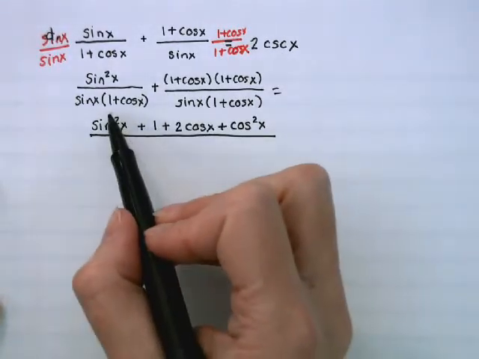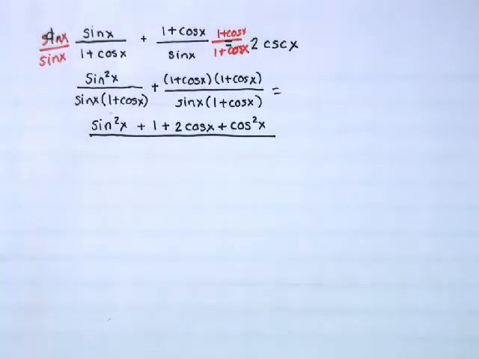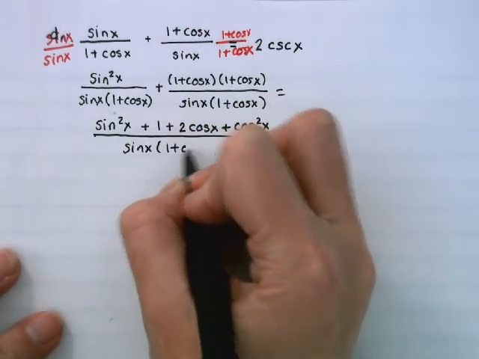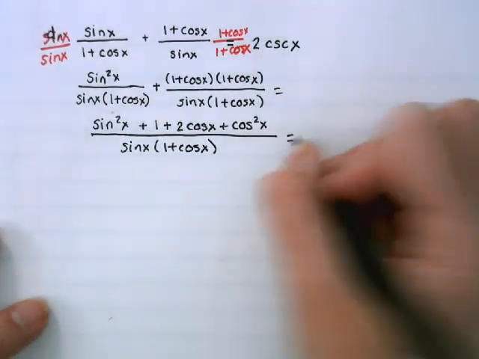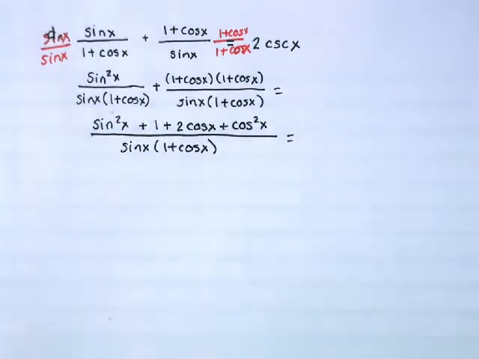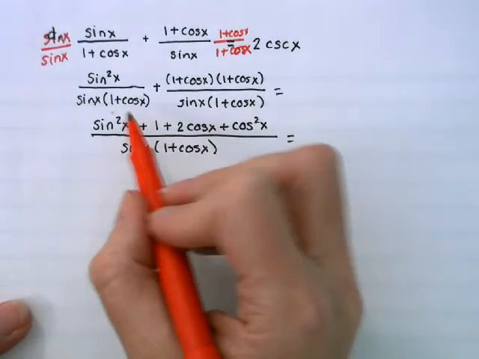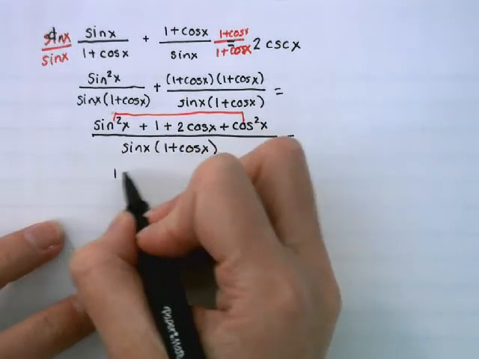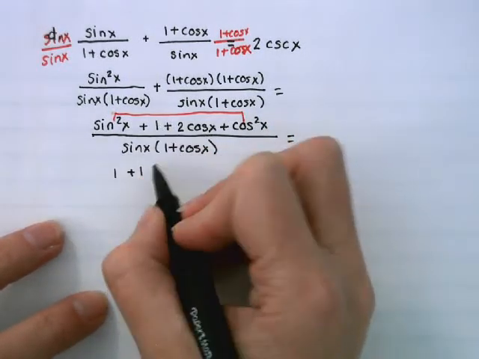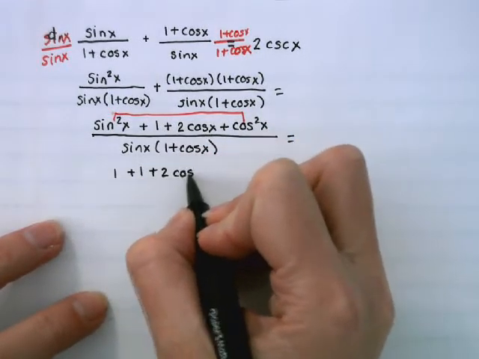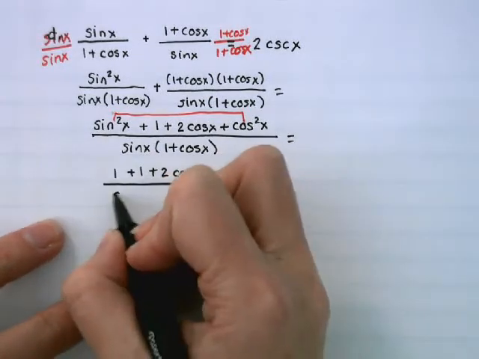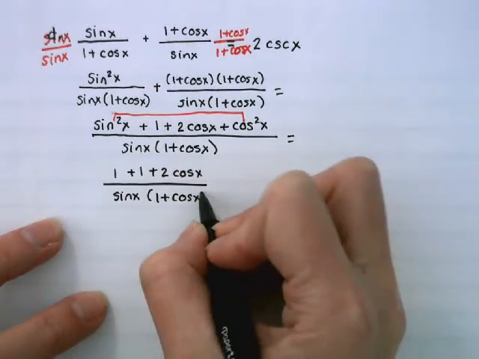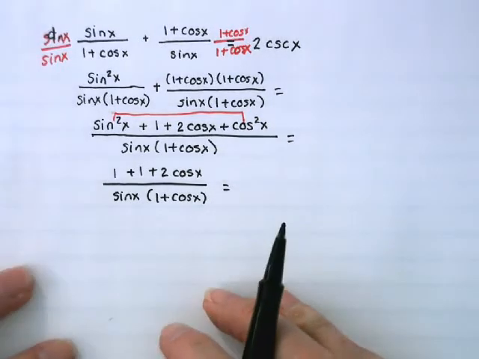All right, well, sine squared plus cosine squared, oh, sorry, denominator. And that'll happen, you'll start seeing things and you want to jump to it, but make sure you're copying everything down. So here, sine squared plus cosine squared is just going to equal 1. So we're going to have 1 plus 1, that one, plus 2 cosine of x over sine of x, 1 plus cosine of x. Well, 1 plus 1 is 2.